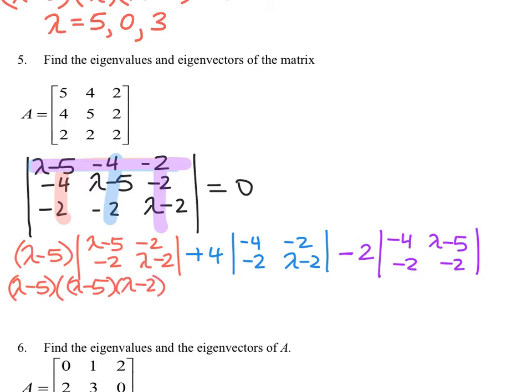Negative 2 times negative 2 is positive 4, so we're subtracting that, so minus 4. Plus 4 times, we're looking at negative 4 lambda plus 8 minus 4. I can clean that up in a minute, although I'm kind of inclined not to. Minus 2 times 8. So minus the product of negative 2 and the other thing, so plus 2 times lambda minus 5.